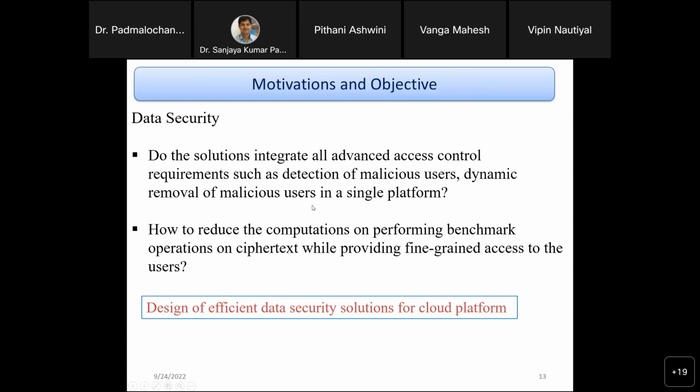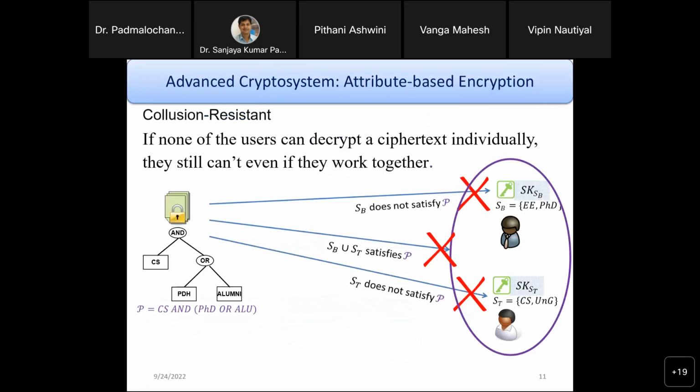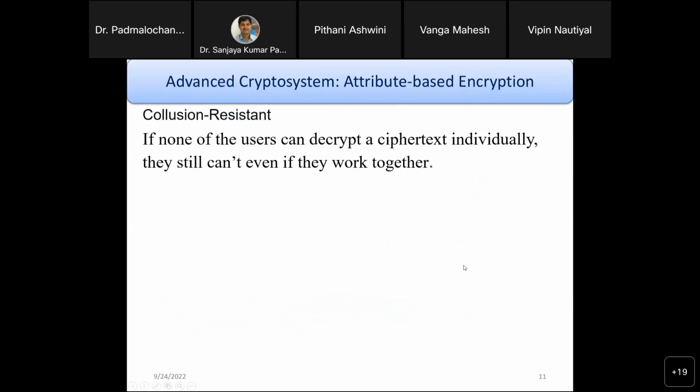These are the two important questions that have to be addressed while developing advanced crypto systems or adding more features to these advanced crypto systems such as HE and ABE. So the first problem says that now suppose you have created an attribute-based crypto system.